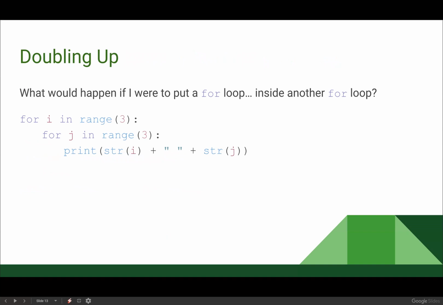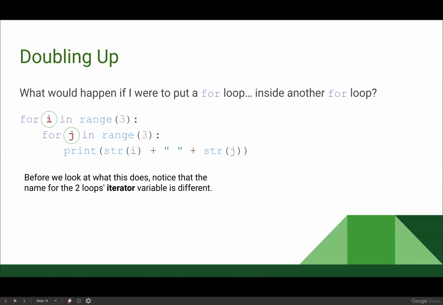All right, so what do we think would happen if I put in a for loop inside another for loop? So first thing to point out before we actually talk about this is that i and j, we have two different letters. We have two different variable names for the iterator in each of our loops.